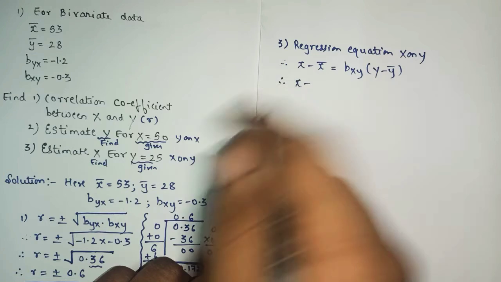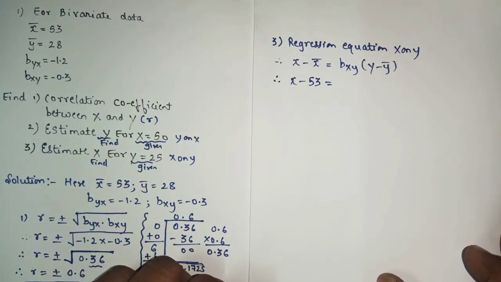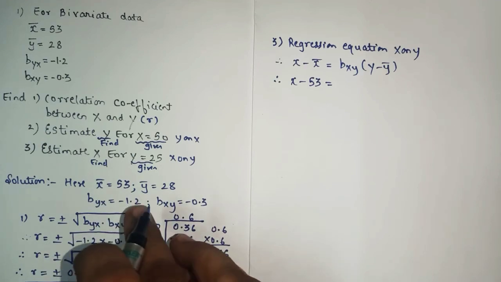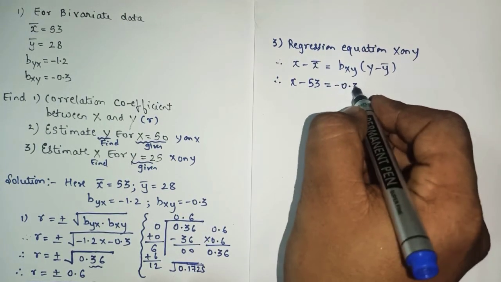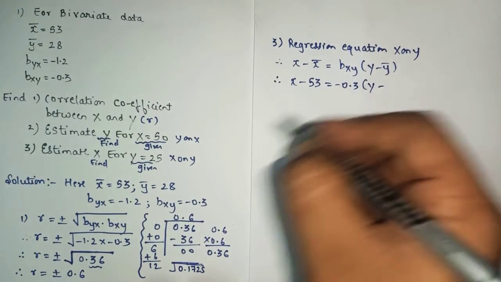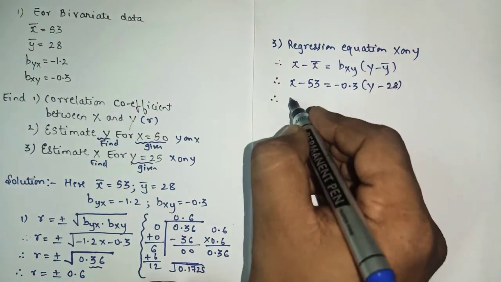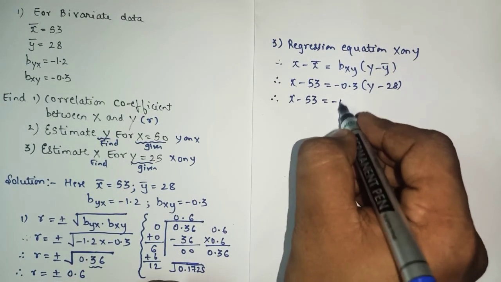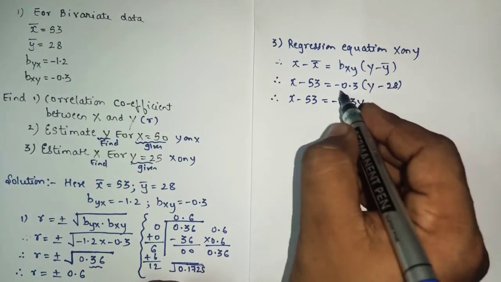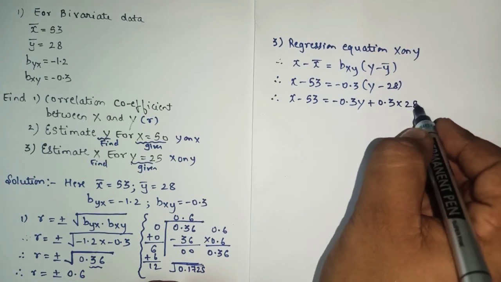X minus x mean is what? 53. Okay, y mean, bxy is what? Minus 0.3. Y minus y mean is what? 28. So therefore x minus 53 equals, bracket open, so you will get minus 0.3y, this minus minus will be plus 0.3 into 28.